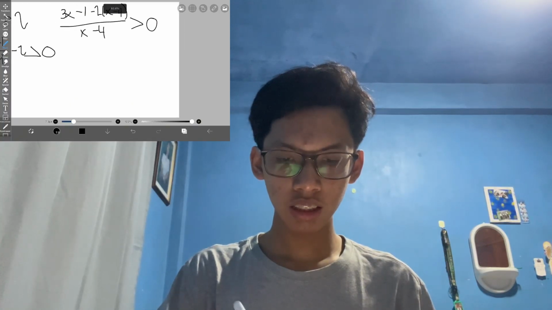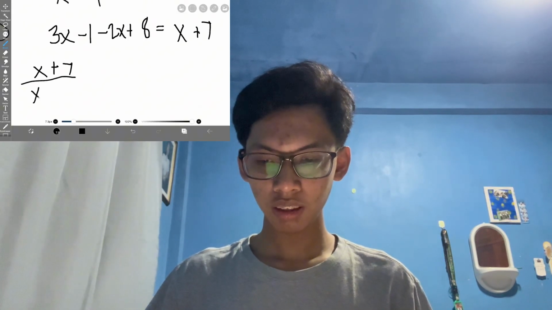So (3x - 1)/(x - 4) - 2 > 0. Then combine into a single fraction using the common denominator, x - 4. So (3x - 1 - 2(x - 4))/(x - 4) > 0.